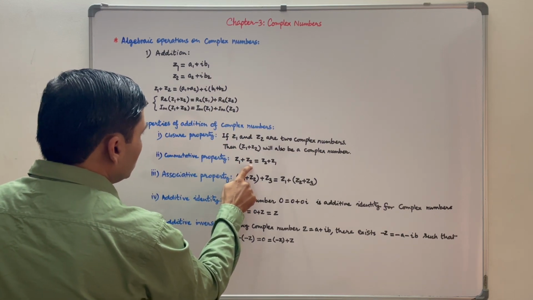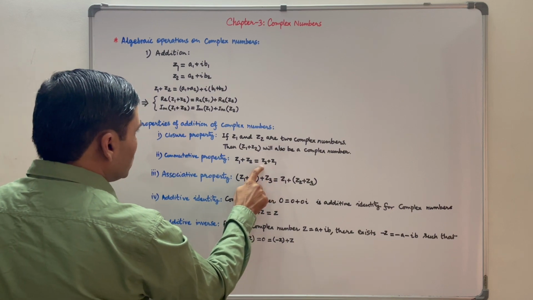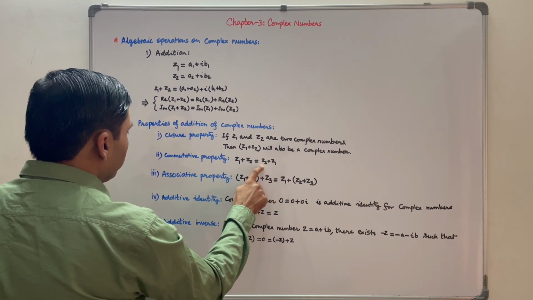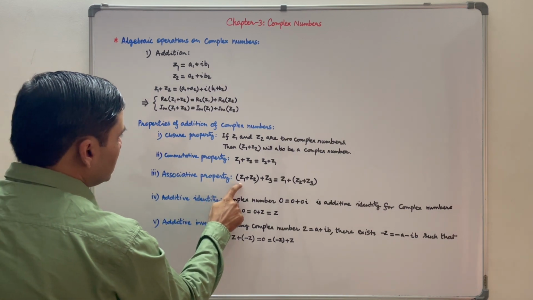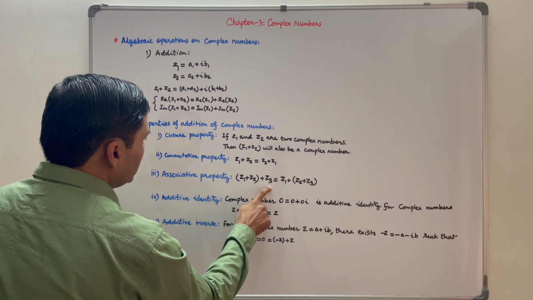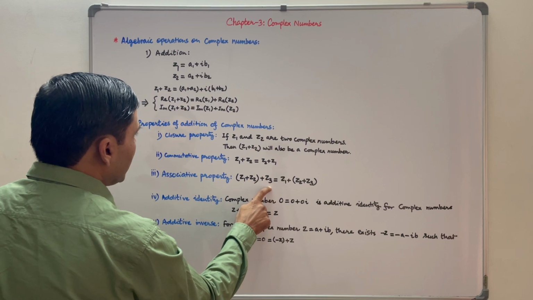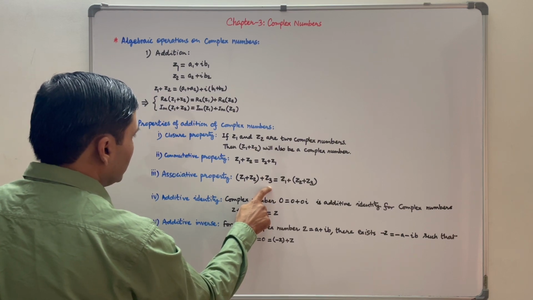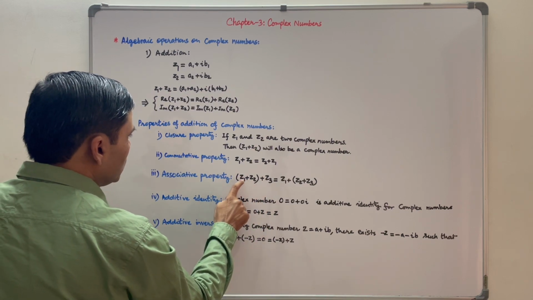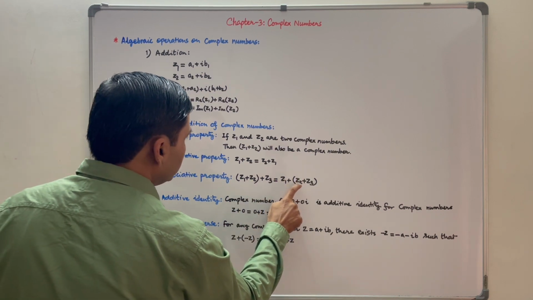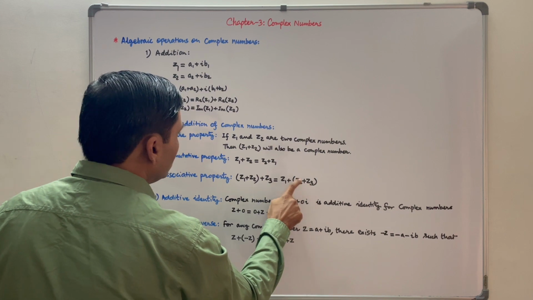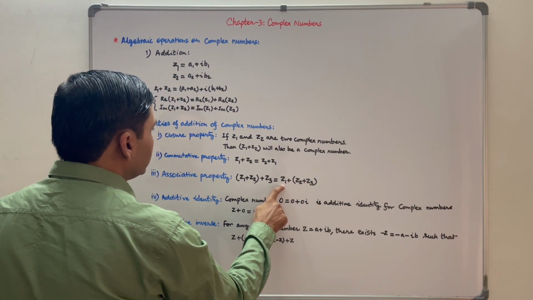Whether you add z2 to z1 or z1 to z2, result will be the same. Third property, associative property. Suppose z1, z2 and z3 are three complex numbers, then they can be added together in any order. First add z1 to z2 and the result to z3, or first add z2 to z3 and the result to z1. Outcome will be the same.